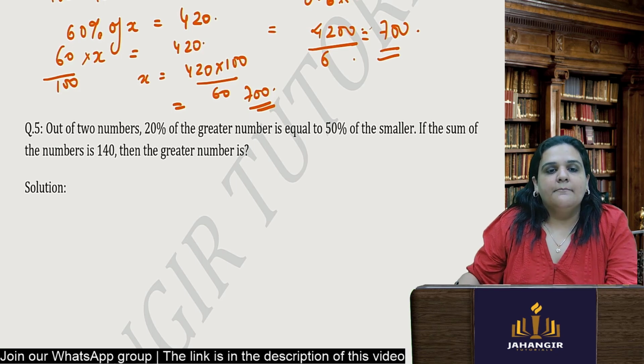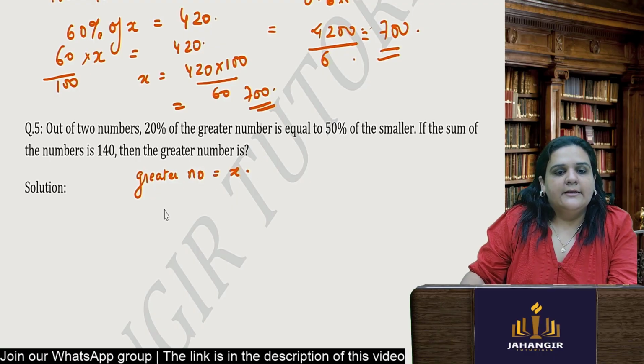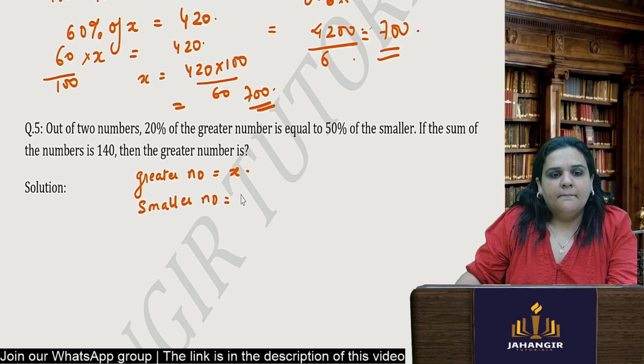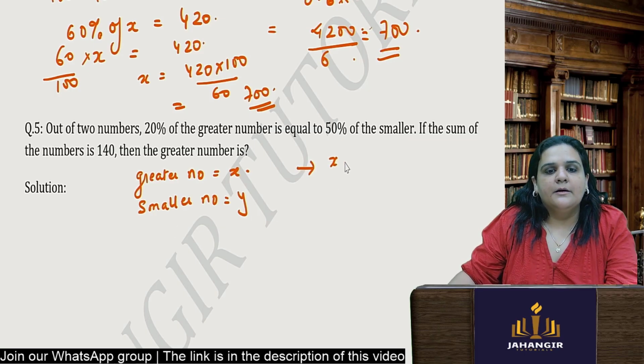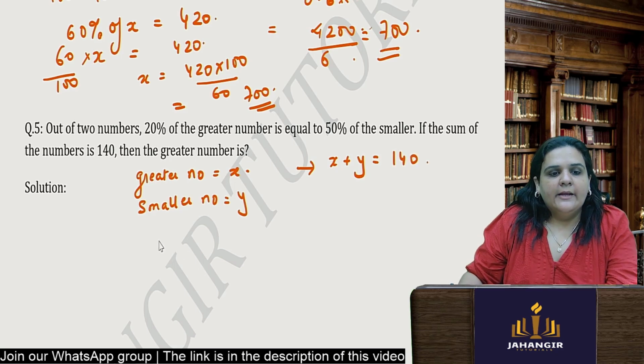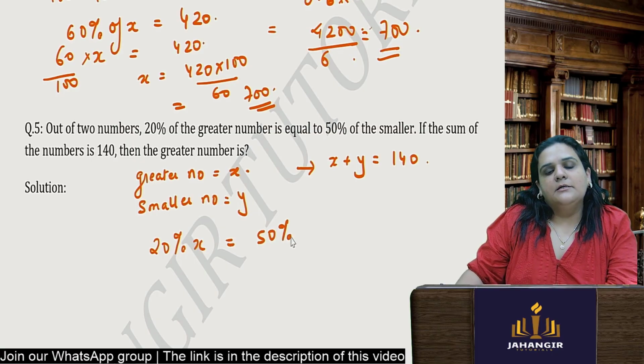So if I say the greater number is X and the smaller number is Y. The sum of these two numbers is also given as 140. 20% of the greater number is equal to 50% of the smaller number.